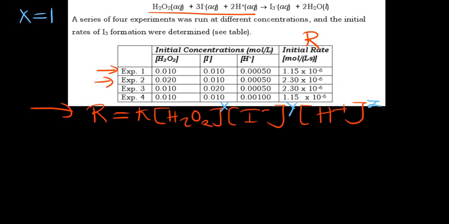Can you see any case where the other two may be constant? What of experiment 1 and 4? Okay, that's a very good observation. It took me a lot of time to see that. So this is 0.010, that's constant. That's also constant. Then you can see that the other one was what? Changed.